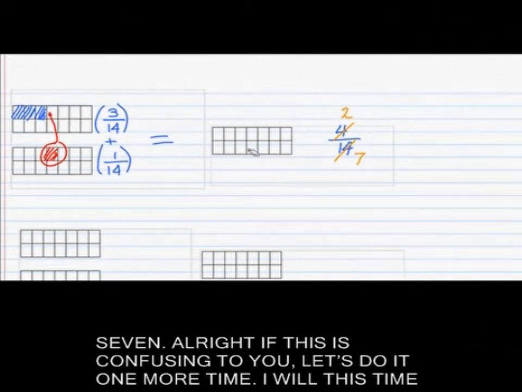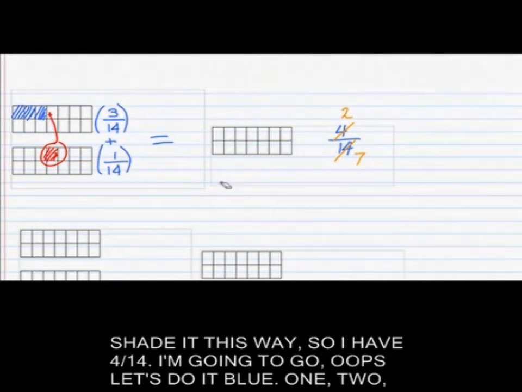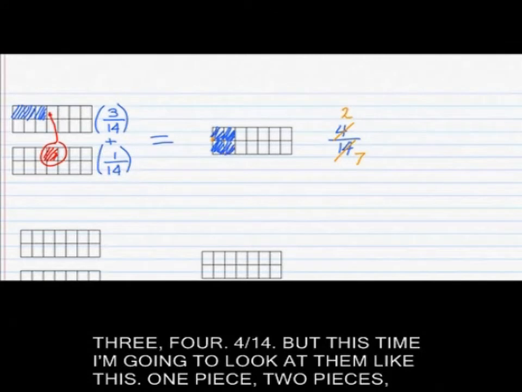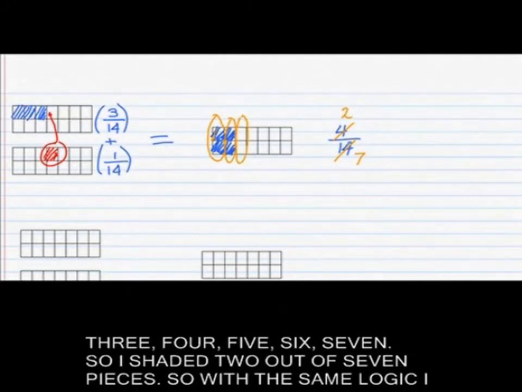I will this time shade it this way. So I have 4 14ths. Oops, let's do it in blue. 1, 2, 3, 4. 4 14ths. But this time I'm going to look at them like this. 1 piece, 2 pieces, 3, 4, 5, 6, 7.